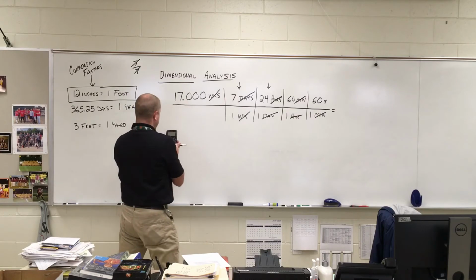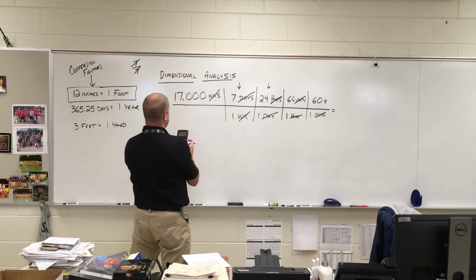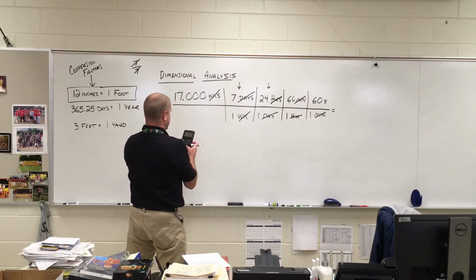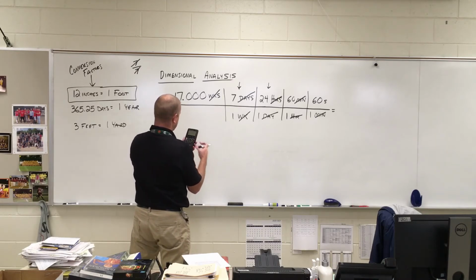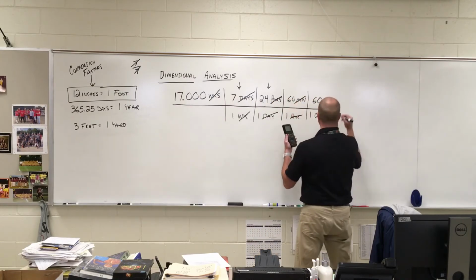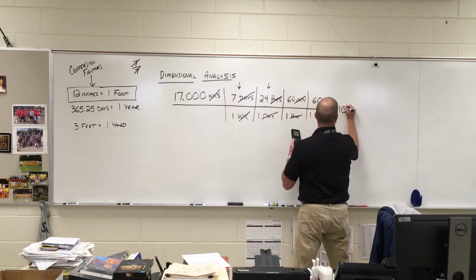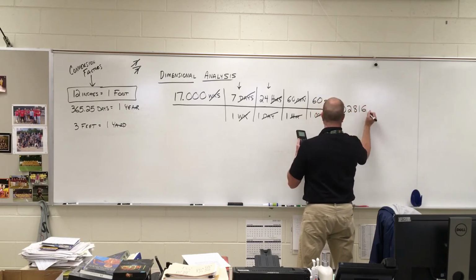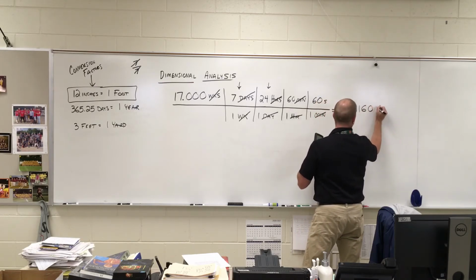So what we do is we take our trusty calculator out. We take 17 times 7 times 24 times 60 times 60, okay? And we get this number, which we're going to do some significant figures with in a second. But that is 10,281,600.